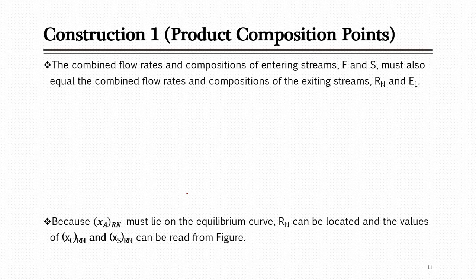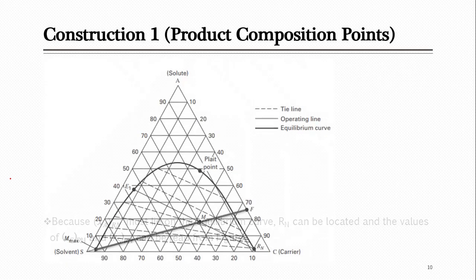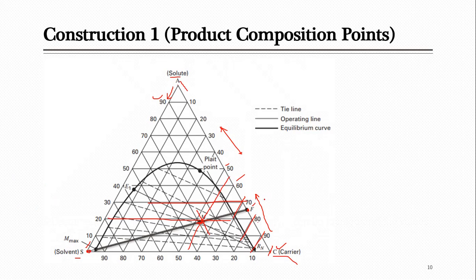After this, when you have located the feed, solvent and M point, just recall from the last lecture what you did in the next point. Actually you were looking for the specification of E and R. The purpose here is to construct product composition points. That means we have to locate the extract and raffinate inside the same diagram.